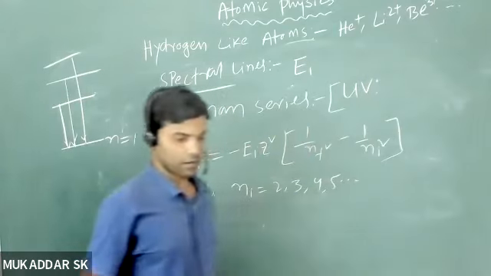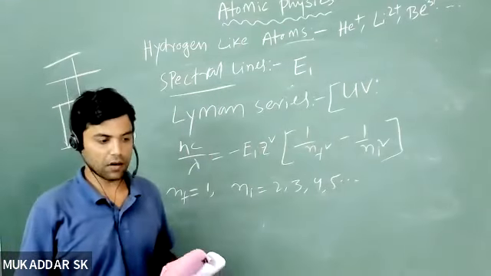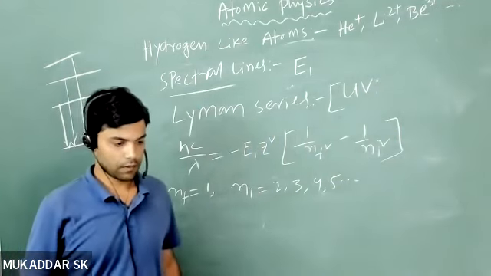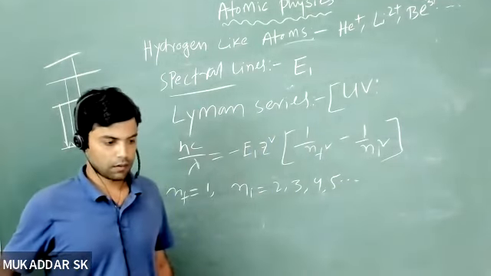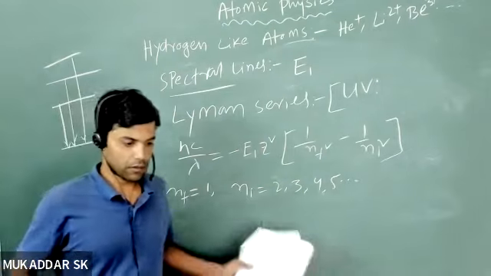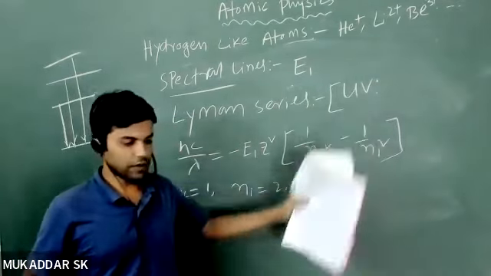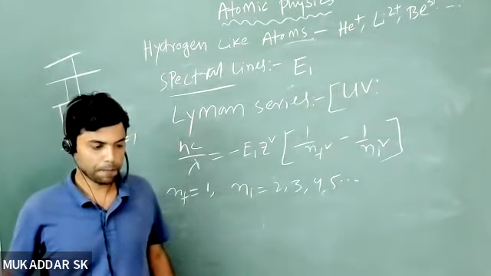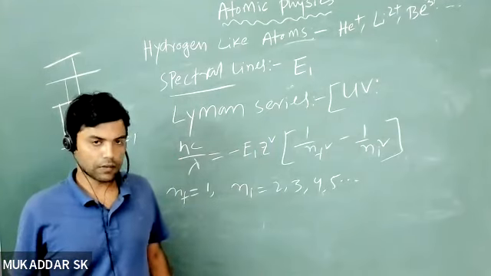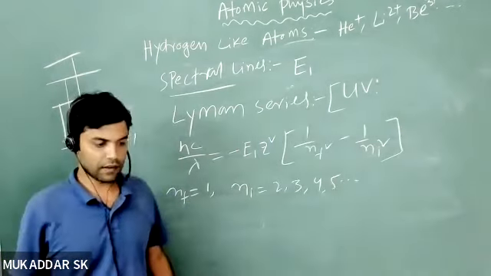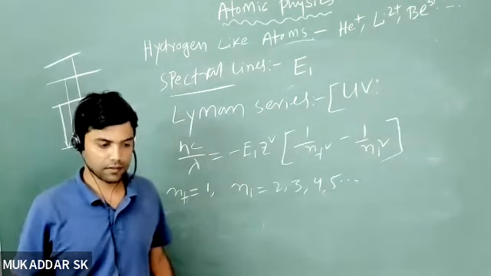UV means what? Anju, what is the meaning of UV? Ultraviolet region. Very good. So how much will be the energy of this UV? Is it higher than visible or less?